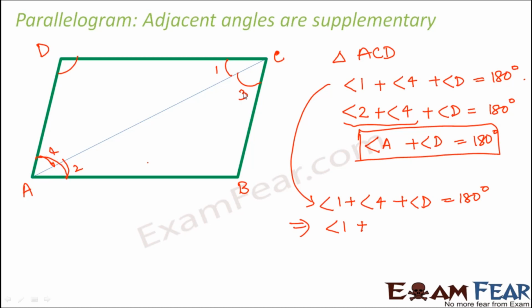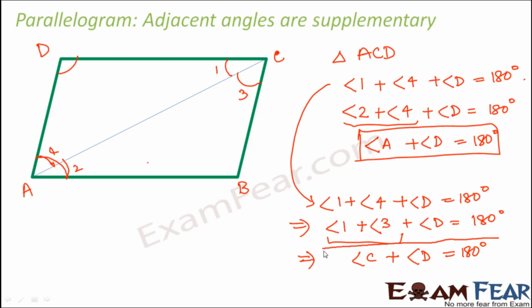This angle is equal to angle 3. So instead of angle 4, we can write it as angle 3 plus angle D is equal to 180. Now angle 1 plus angle 3 is nothing but angle C. So we prove that angle C plus angle D is equal to 180 degrees. Therefore, the sum of any two adjacent angles in a parallelogram is equal to 180 degrees.